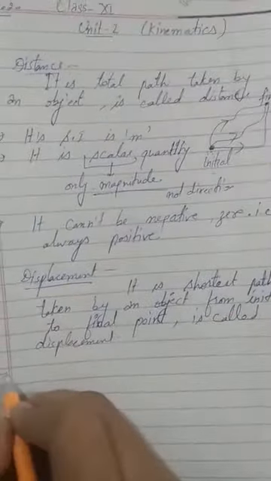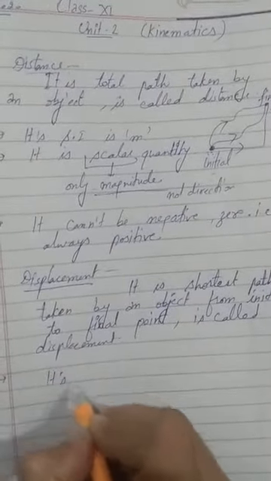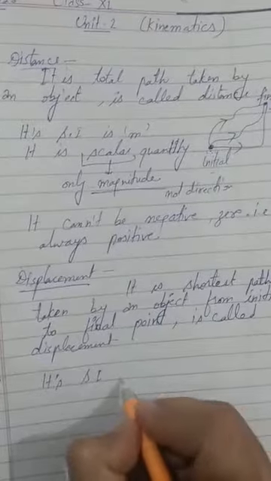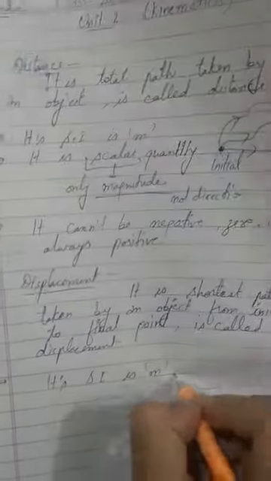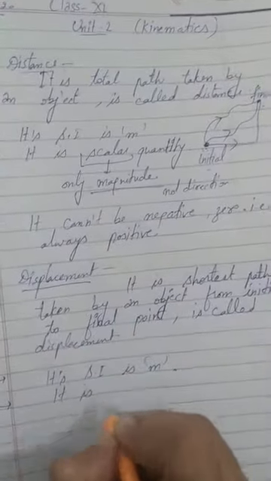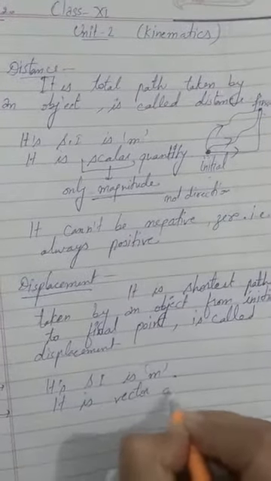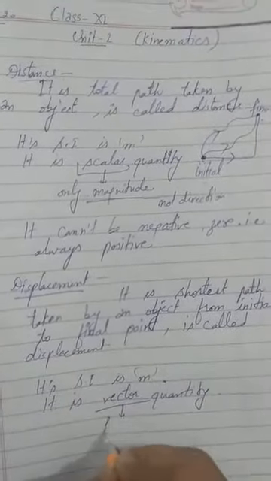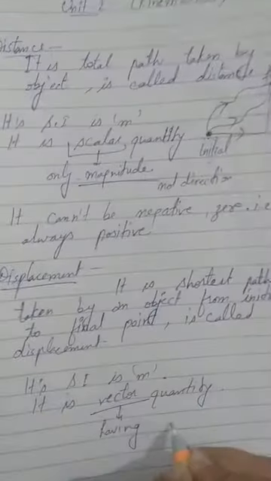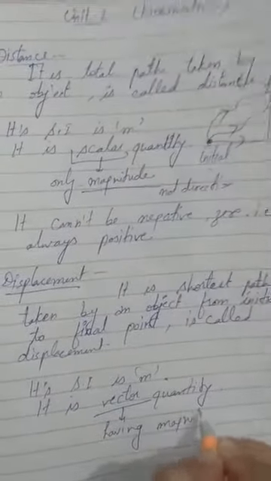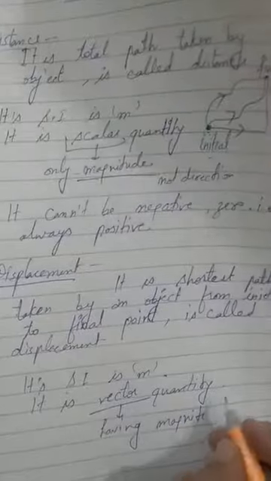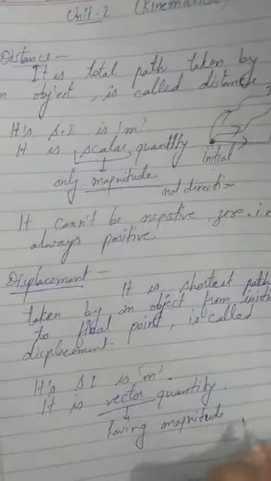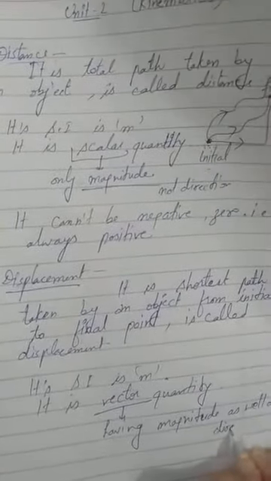Displacement's SI unit remains the same as distance, meaning it is also meter. It is not a scalar quantity, it is a vector quantity. A vector quantity, as I already told you, has magnitude as well as direction.